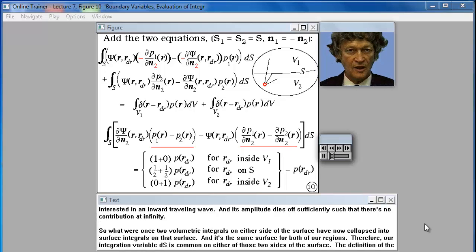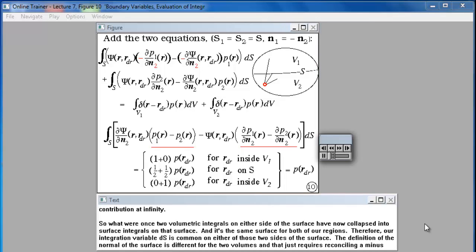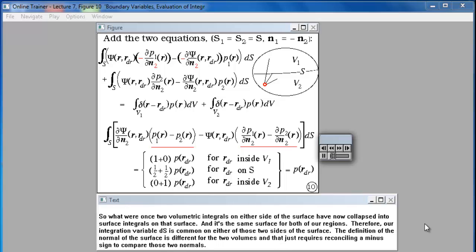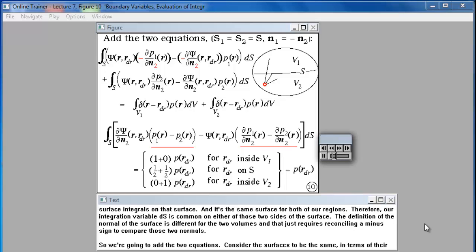We're not interested in an inward traveling wave, and its amplitude dies off sufficiently such that there's no contribution at infinity. So what were once two volumetric integrals on either side of the surface have now collapsed into surface integrals on that surface. And it's the same surface for both of our regions. Therefore, our integration variable ds is common on either of those two sides of the surface.